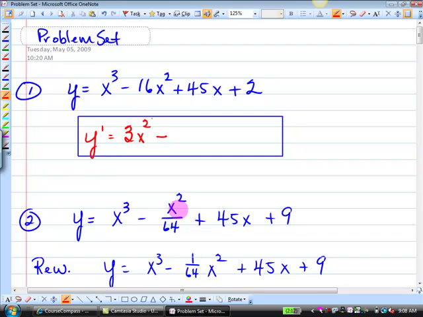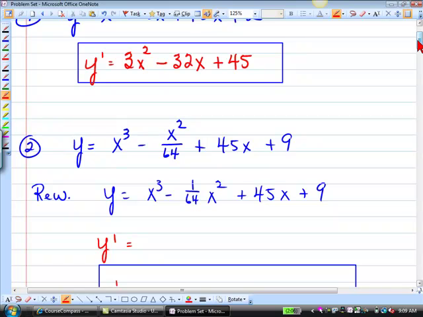Minus 32x plus 45. And what's the derivative of 2? 0. Okay, so that's easy enough. We always start out easy. Any questions? We took the derivative of each piece. Easy, easy. If you've already had calculus, you're going, oh, I know this. This is good.